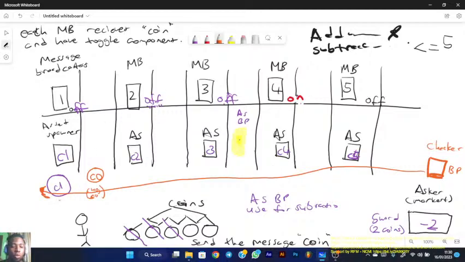Okay, let's do it this way. Assuming the player has 3 coins, they bought a sword worth 1 coin, so that is -1.